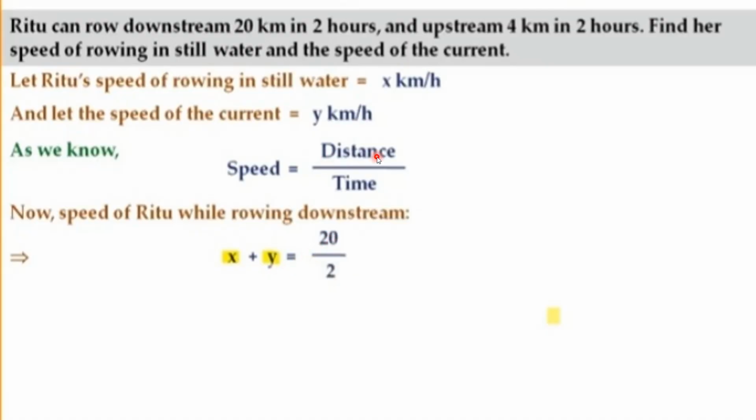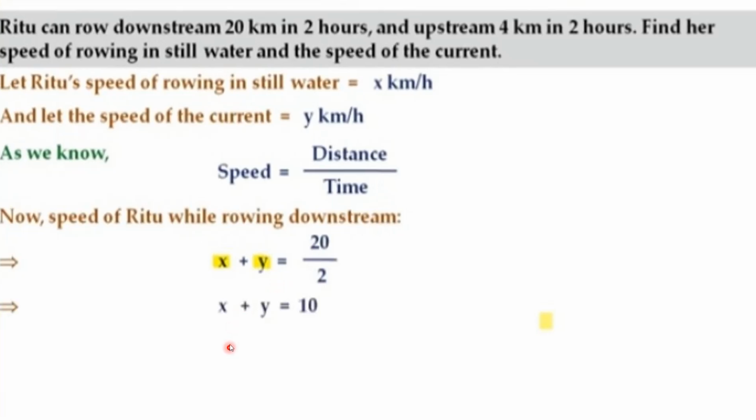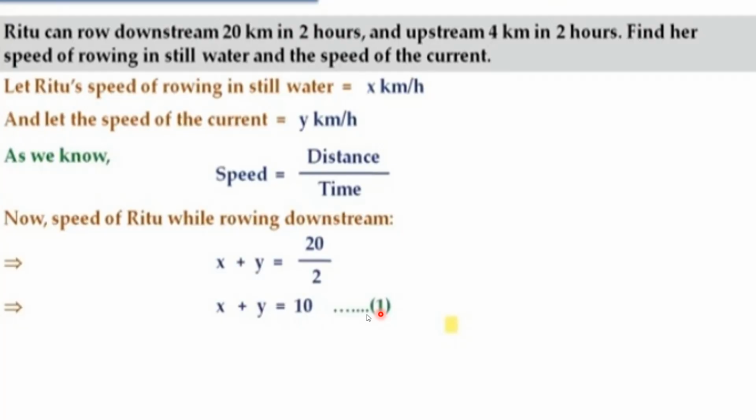I can write it in the units of kilometer per hour, because here also the speed I have taken is in kilometer per hour, so both the units are the same children. Both the speed of the rowing in still water and the speed of the current are added together in the downstream. Therefore, I am going to get the first equation: x plus y is equal to 10. I will take this as equation number 1.